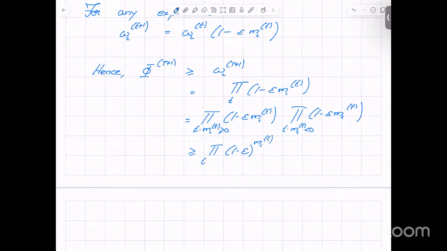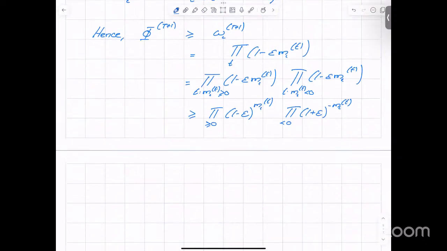Let me drop this and just put the greater than or equal to 0. This is the less than or equal to 0. Clear what I mean by those two? We can technically drop the equal to 0. Let's just keep greater than 0.